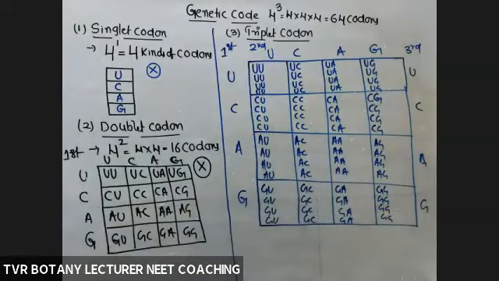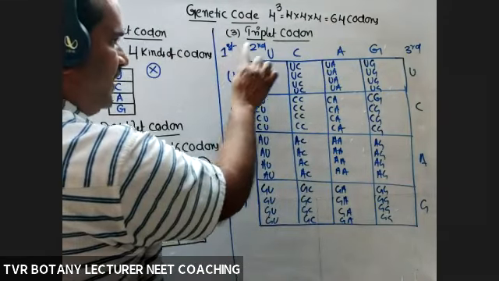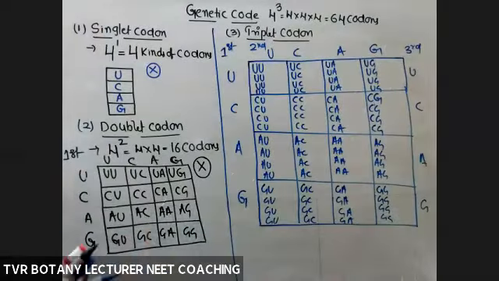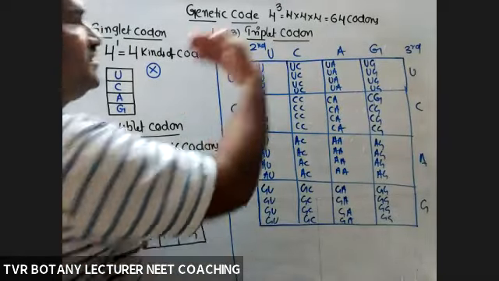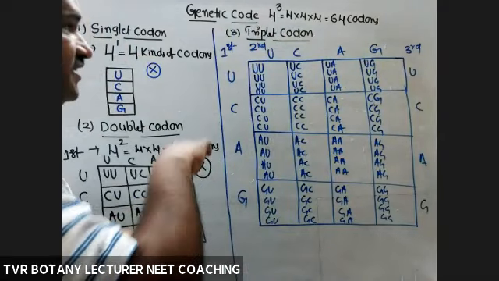See, how many kinds of codons now? 16 only. But here 64. So with the help of only the first and second positions, 64 is not possible. So 16 converted to 64 because of the third position nucleotides. What is that third position?